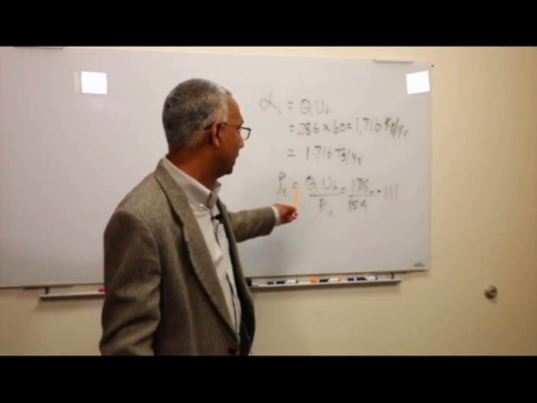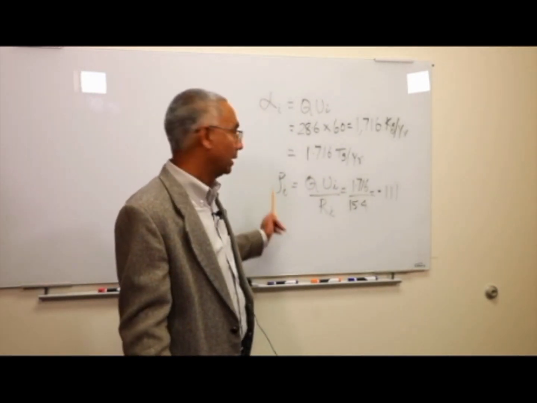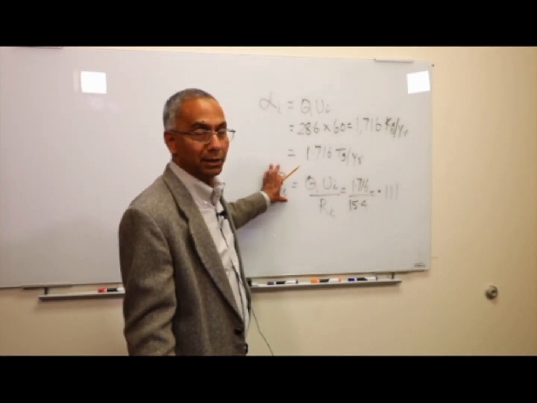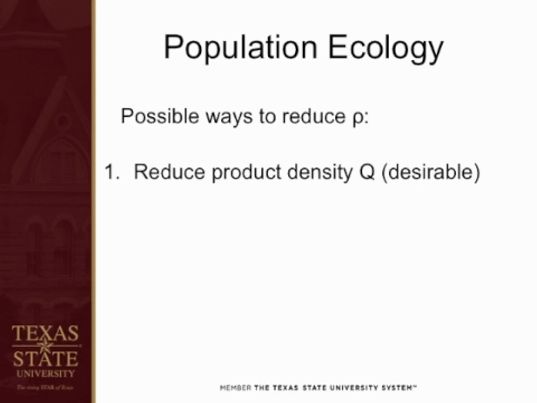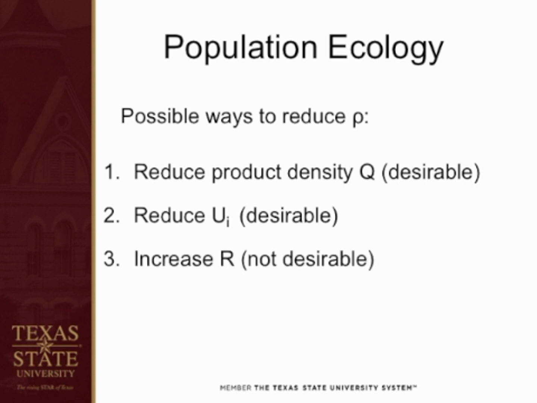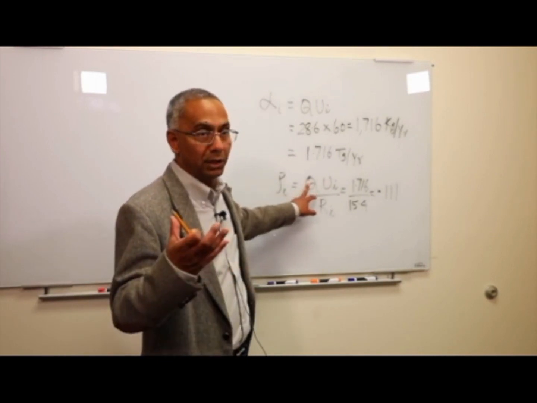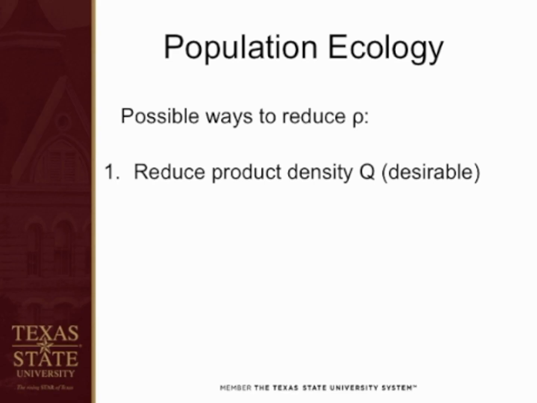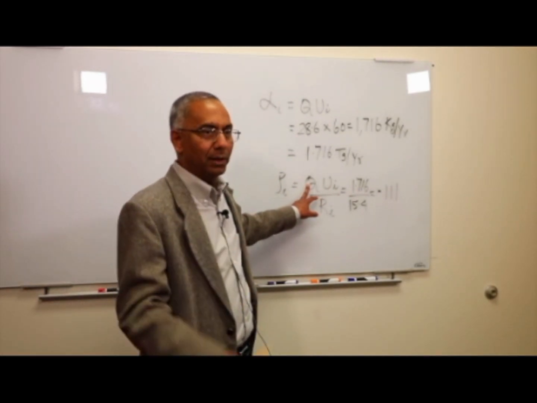So one of the goals in industrial ecology is to try to reduce the relative resource consumption. You can reduce this by decreasing Q, decreasing U, or increasing R, right? If you increase the denominator, it goes down. Now Q is the volume. That means if we reduce our appetite for automobiles, it's desirable.